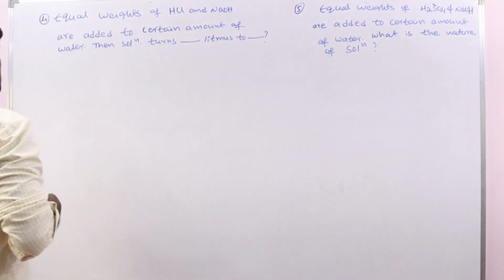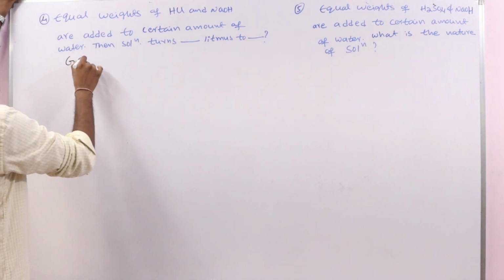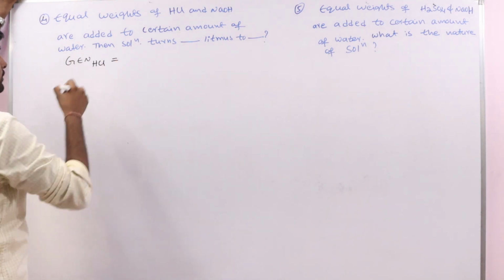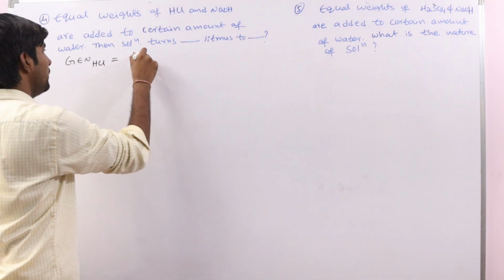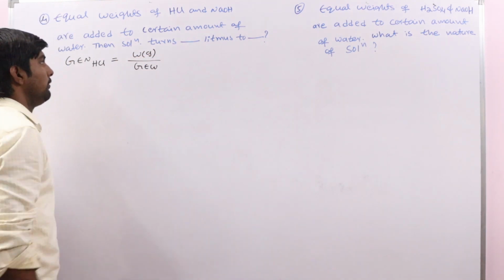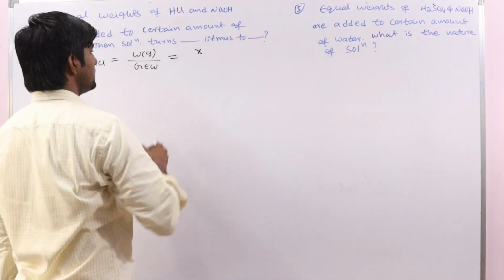Okay, so this type of problem is very simple. First find the number of equivalents of HCl, which is weight by gram equivalent weight. Let us say the weight is x grams.